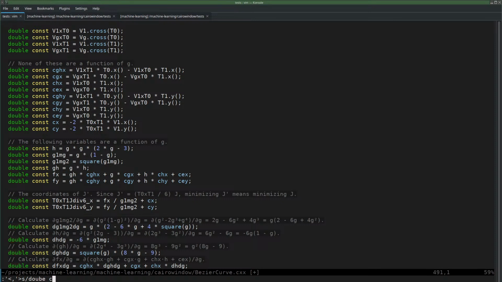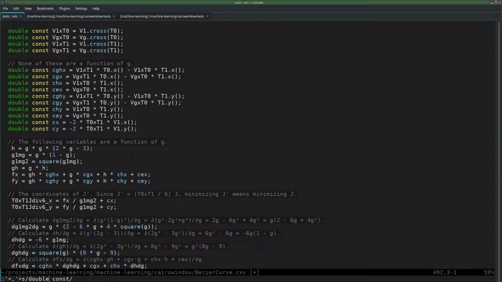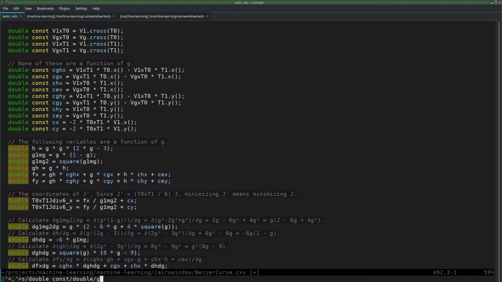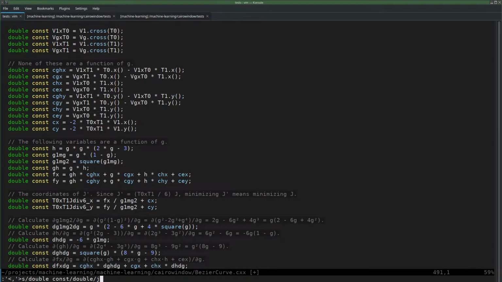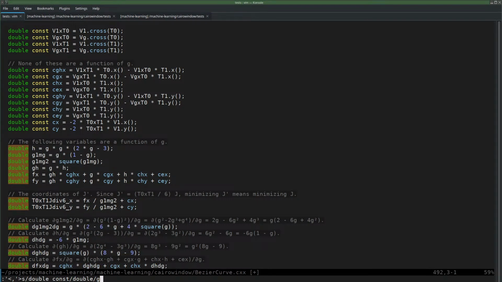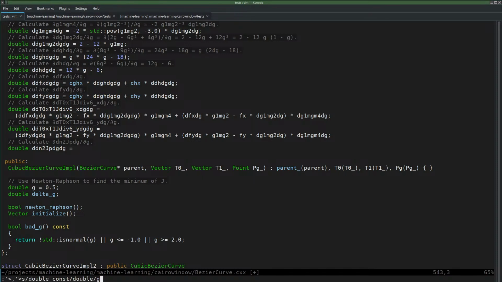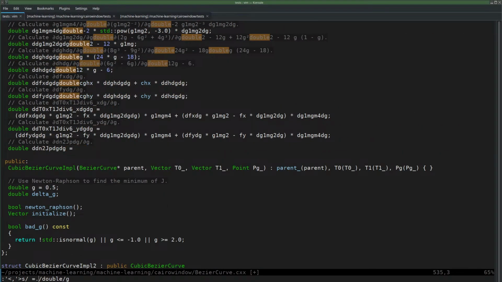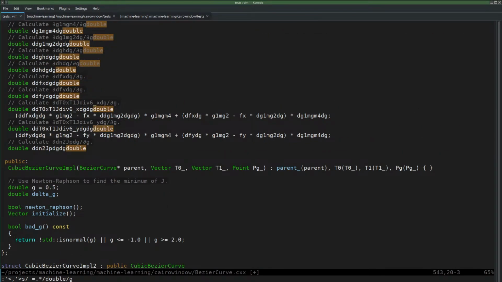No longer be const. Just make them double. JG return, and then they're all assigned. So I guess space equals anything can be replaced with a semicolon.